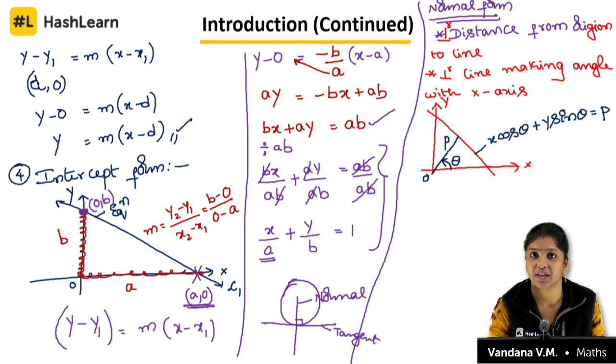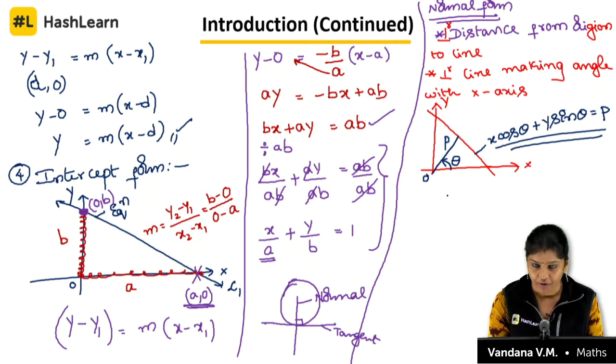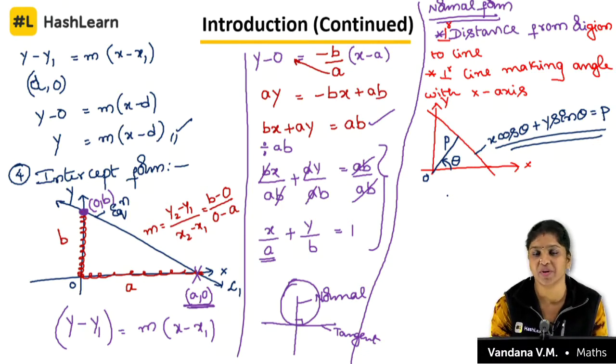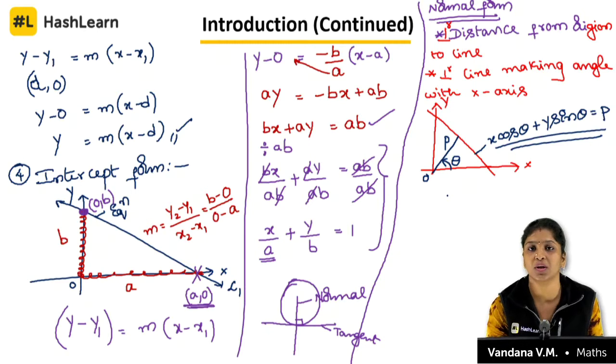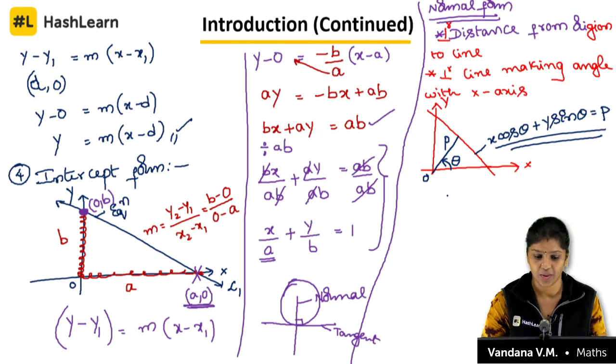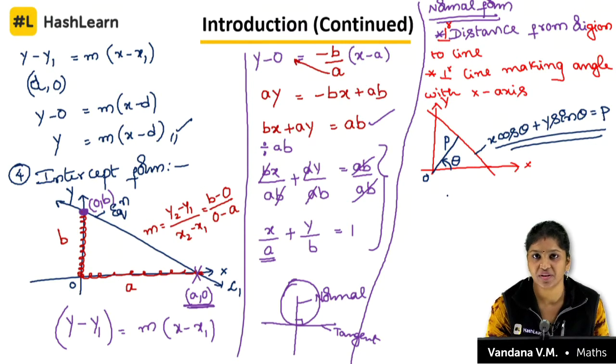P is the perpendicular distance, theta is the angle. So, this is called the normal form of a line. Understood, right? Why do we call this the normal form? Because all the information given is related to the normal, not the line. Understood? Clear? Okay. Next. Let us do some questions, then we can understand the concept in a better manner.